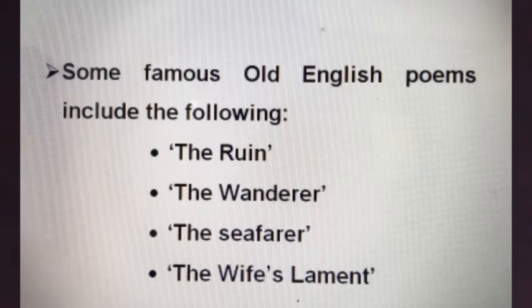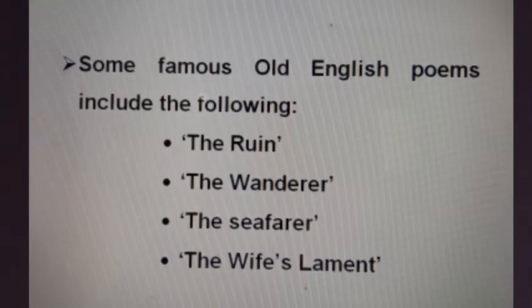And now let's be familiar with some Old English poems. Some famous Old English poems include the following: The Ruin, The Wanderer, The Seafarer, The Wife's Lament, etc. All these poems were elegies, elegiac poems.